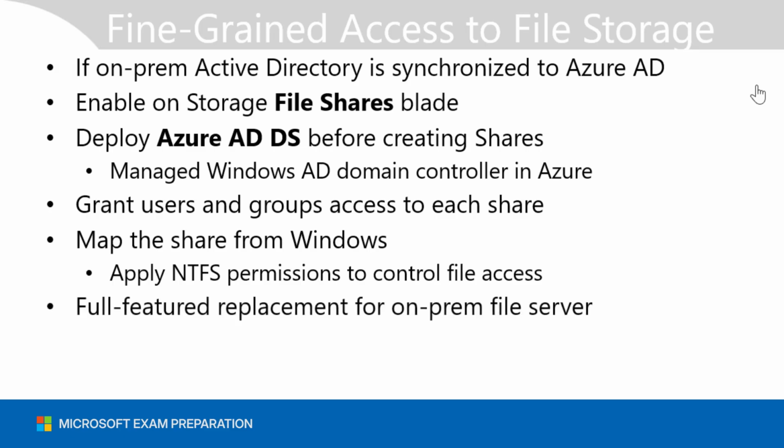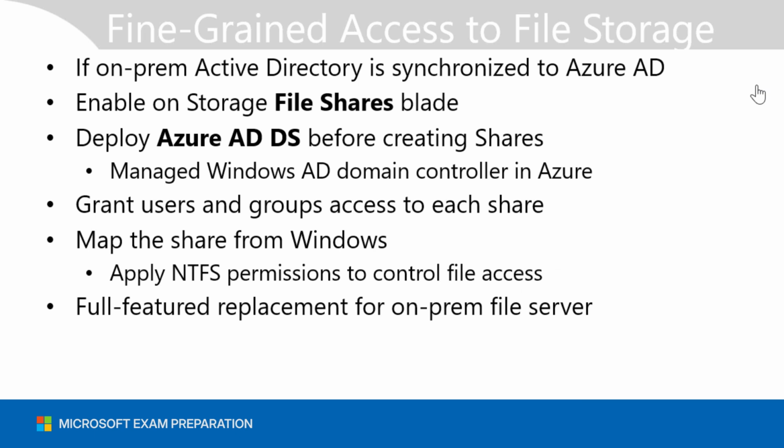So this is finally the full-featured replacement for an on-prem file server, because it means you can store the data in Azure, Azure has access to your users and groups, you can use regular NTFS permissions, and those are honored by the files that are stored in Azure.